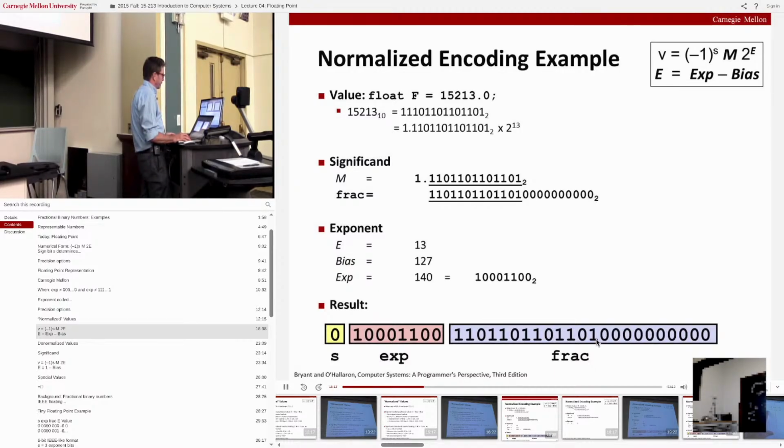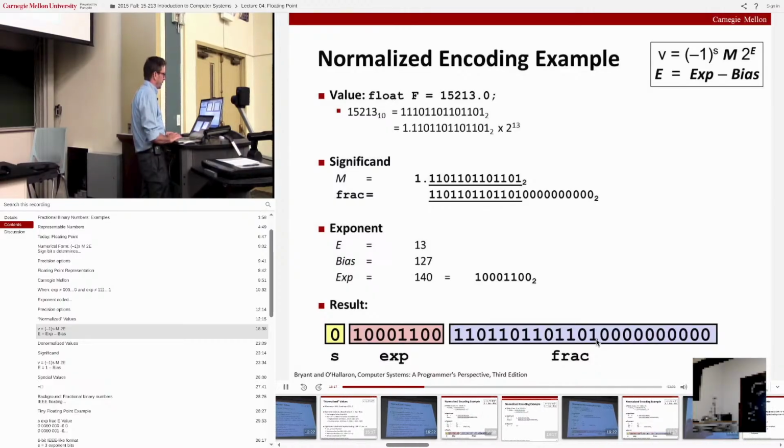The exponent, in this case, we're multiplying by 2 to the 13th, so E is 13. We want to represent the value 13 using this biased encoding. The bias is 127, and so the value of the EXP field should be 140, because if we take 140 minus 127, we get 13.